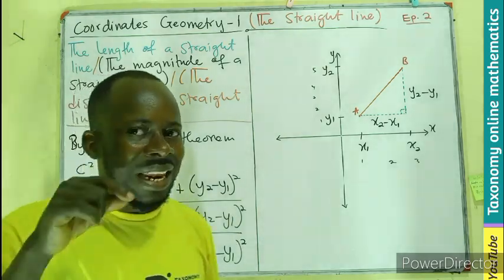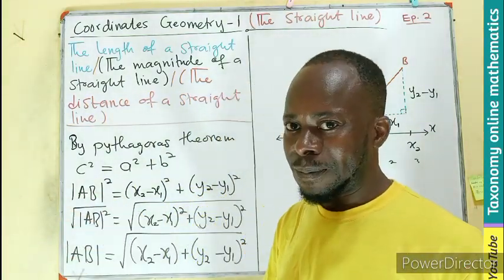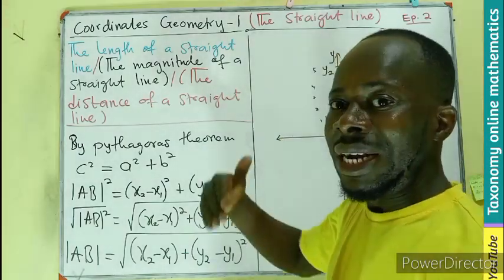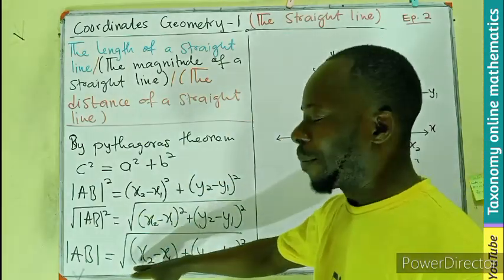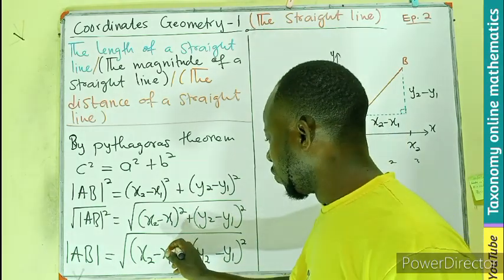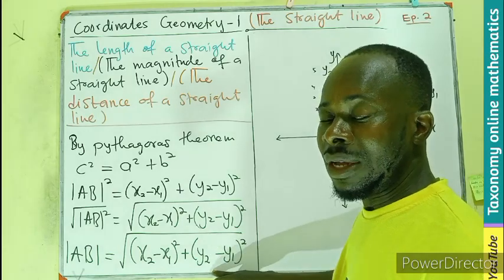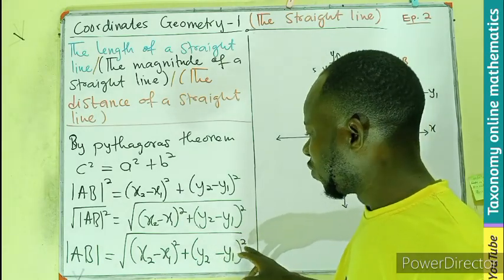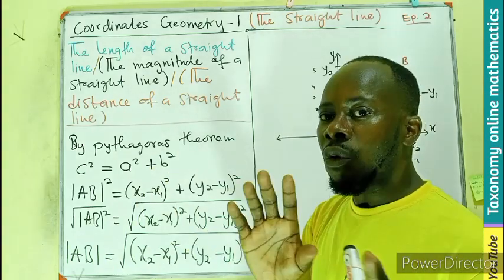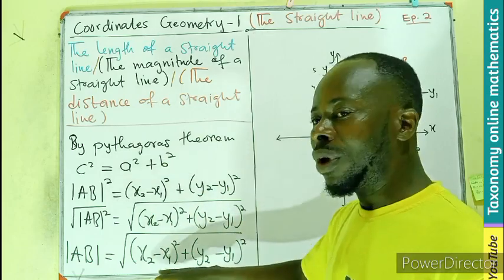So it means that anytime I am asked to find the distance between a point A and B, I am only going to locate their coordinates, then subtract the x coordinates and square them. Then we subtract the coordinates on the y-axis and square them. Find the square root of that. That gives us the perfect solution of what we are looking for. The distance between A and B is going to be this.